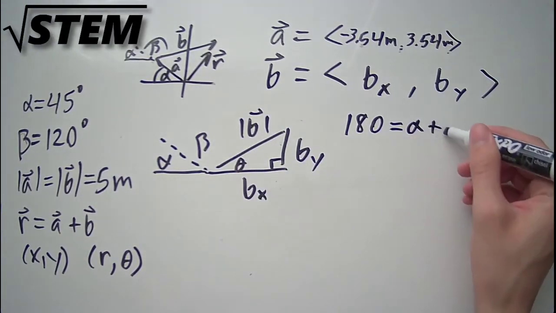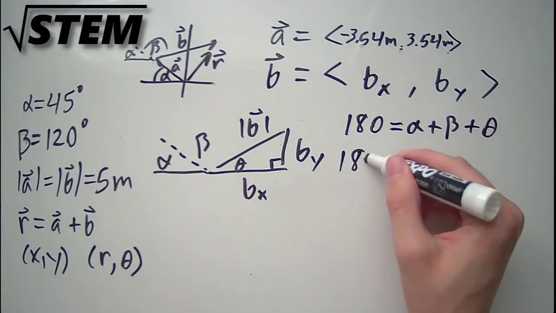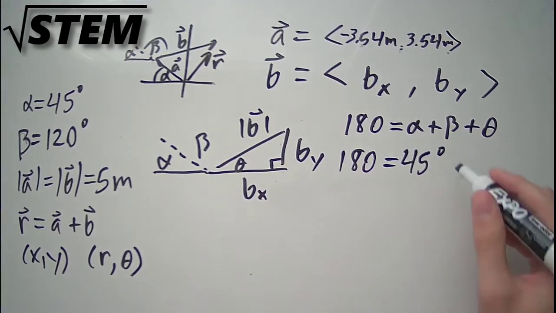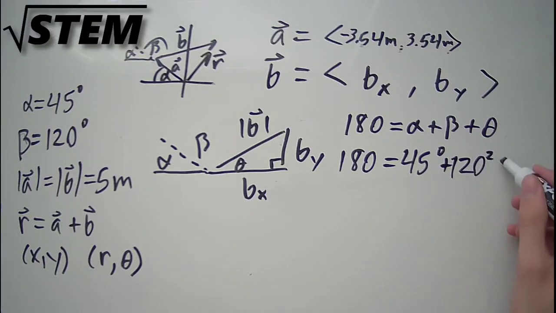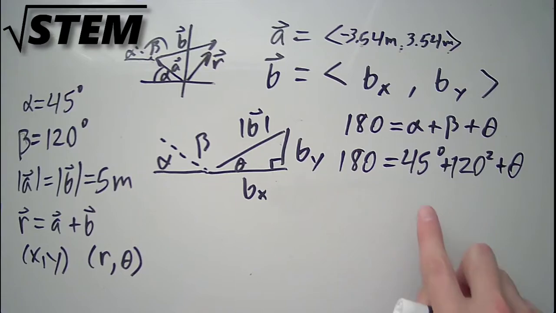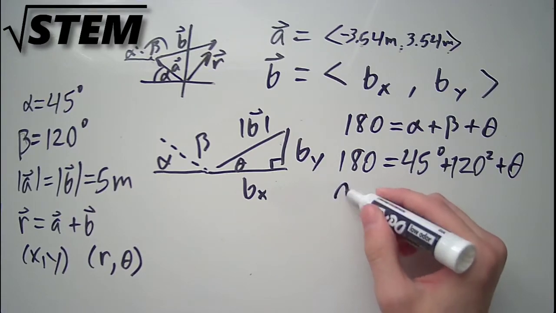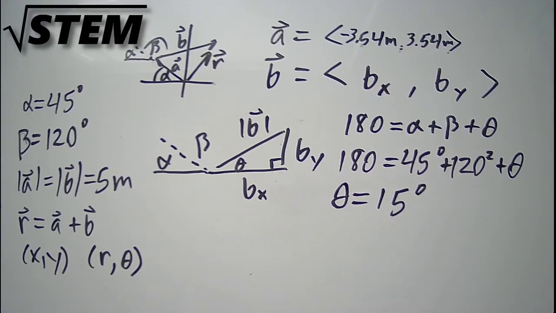That's alpha plus beta plus theta. Now alpha is 45 degrees, beta is 120 degrees, and then there is theta left over. If we subtract 45 and 120 from both sides, then we'll get that theta is equal to 15 degrees.